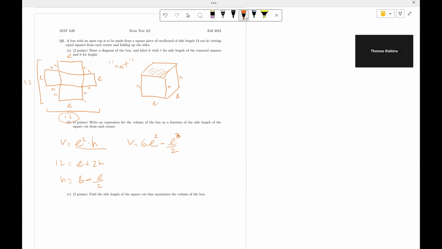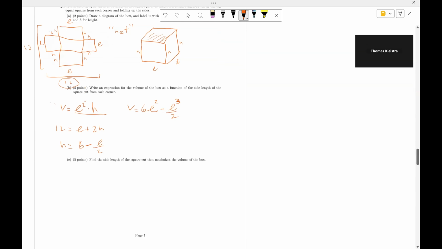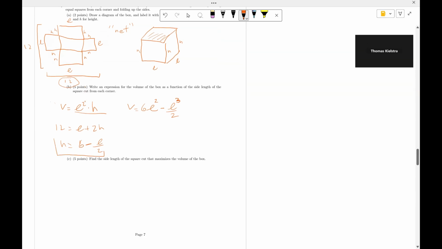And here we have our expression for the volume. We had to use the height to replace our H using L.